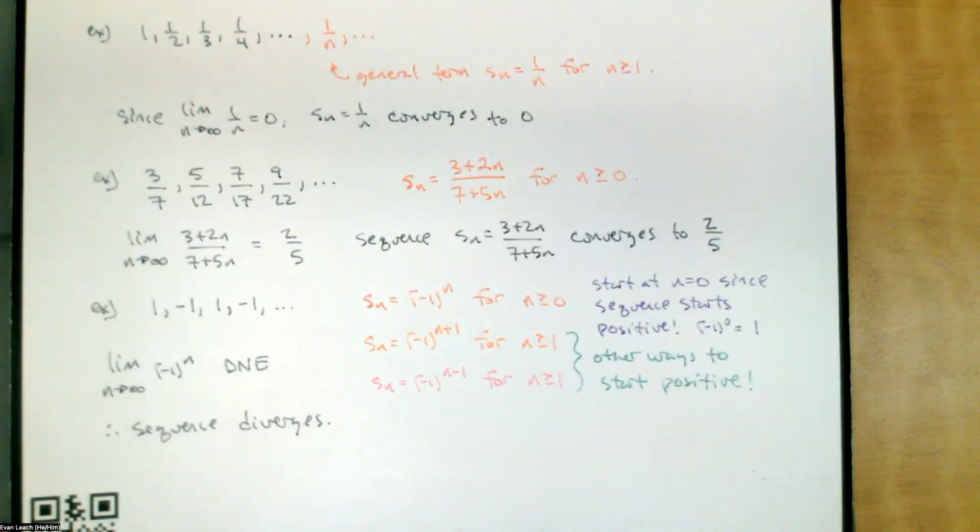It's important to remember that a limit that heads off towards infinity does not exist. You are not approaching any value. If the limit of the terms is infinity, the limit does not exist.